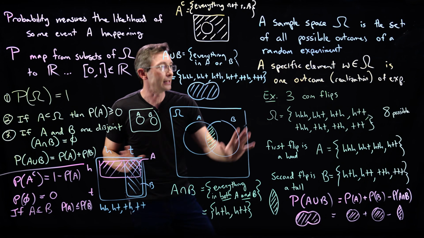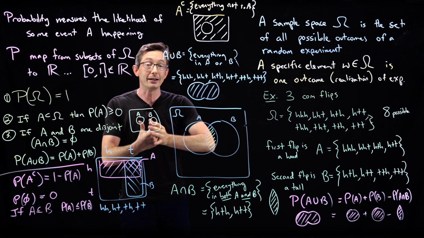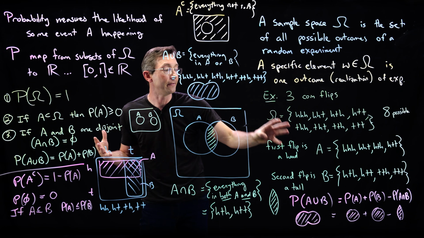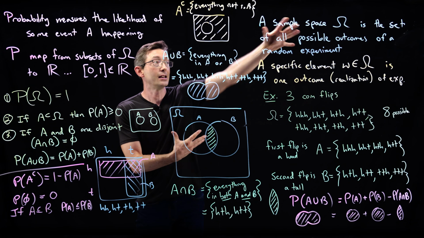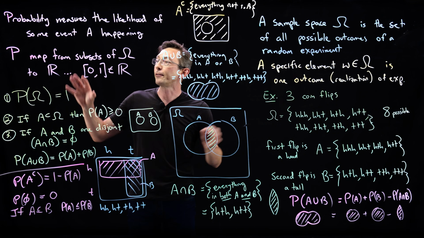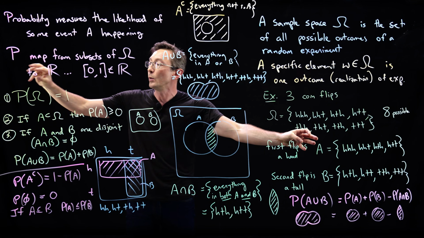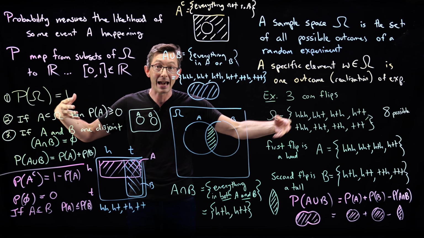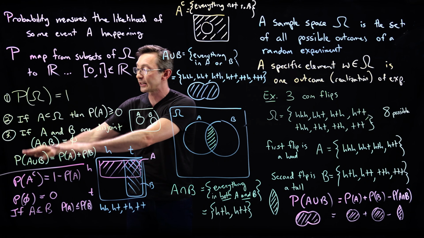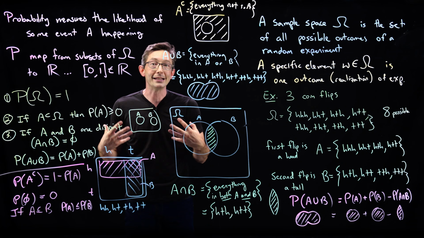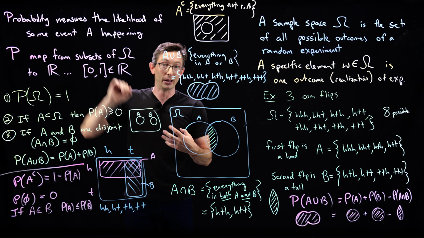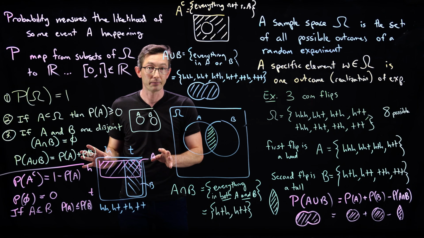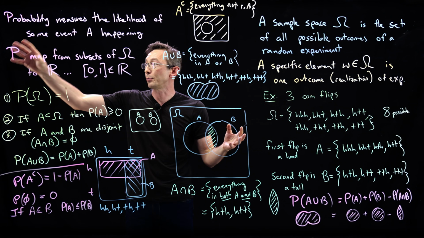But the basic idea is that formally we define a space of all the things that can happen, and we define events to be subsets of that sample space. And for every possible set, we can define a probability of that set, of that event happening. And as long as these 3 things are true, that is a well-defined probability mapping. As long as these things are true for all sets A and B, then it is a well-defined probability.